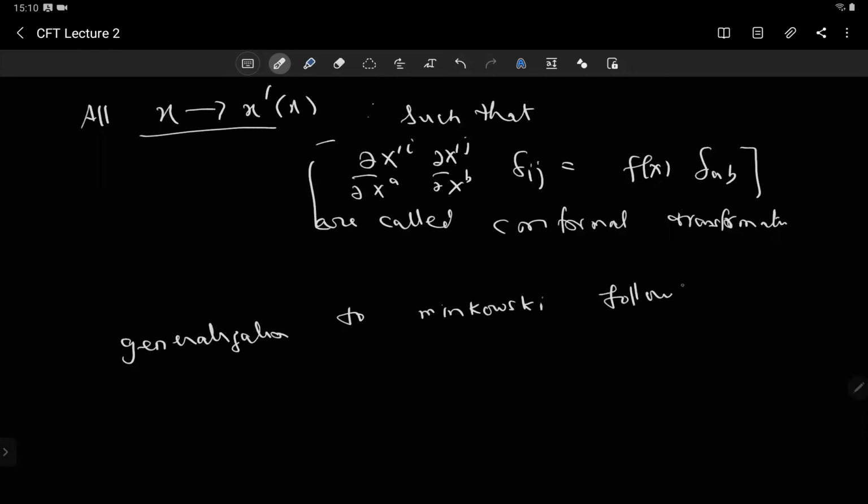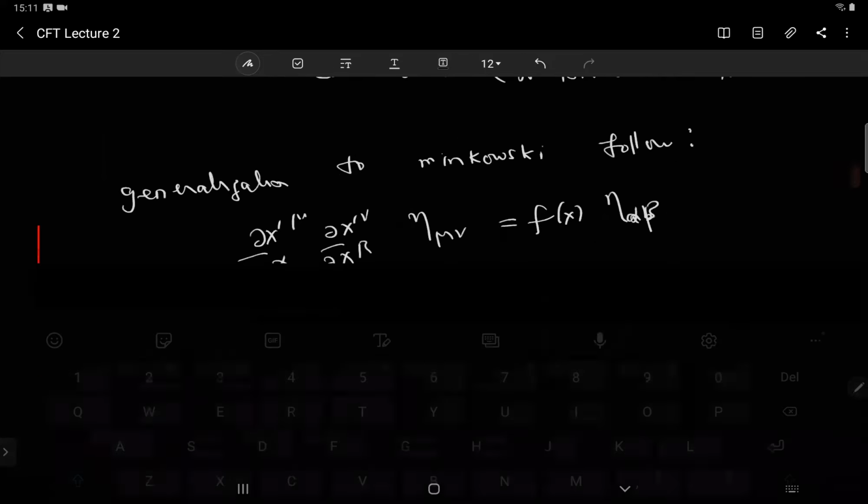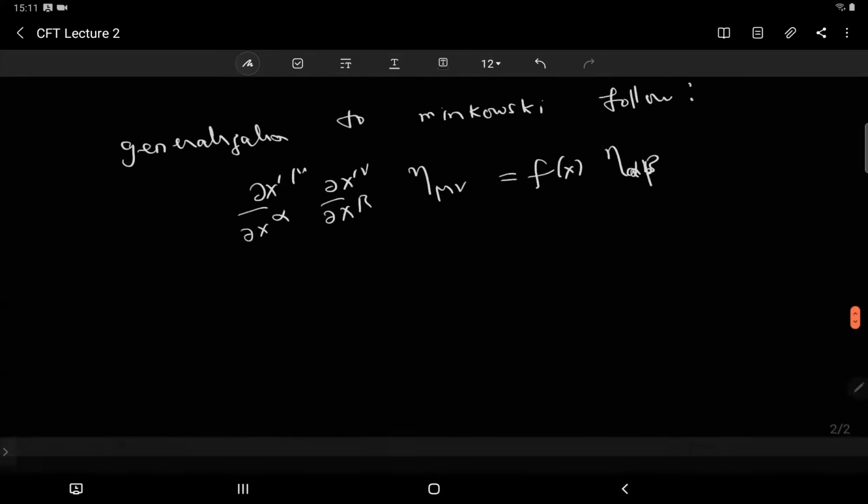The generalization is to simply replace the delta ab by eta mu nu. So these are conformal transformations. This is the definition of conformal transformation.